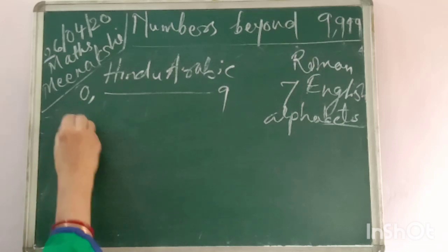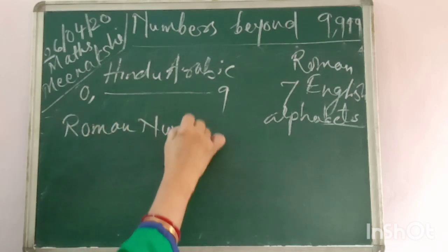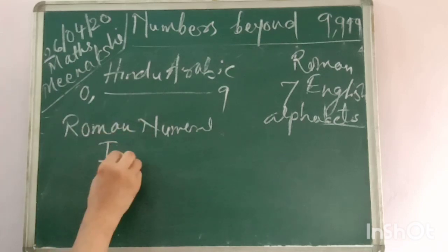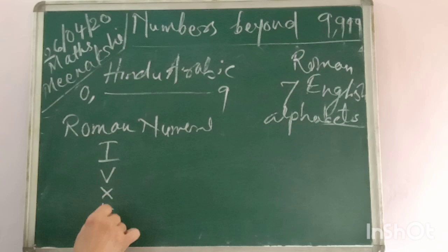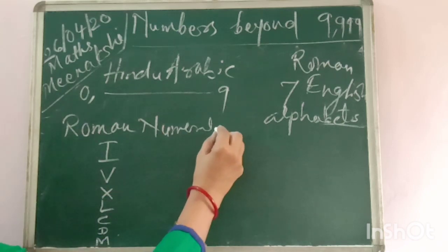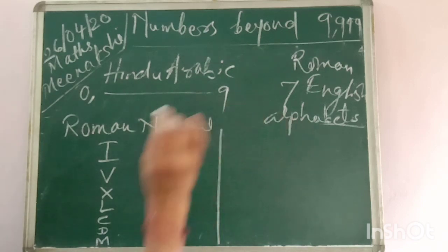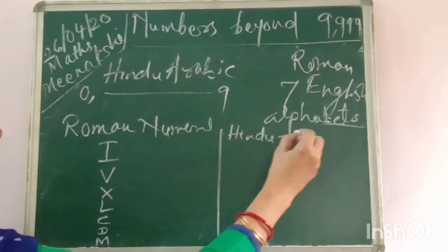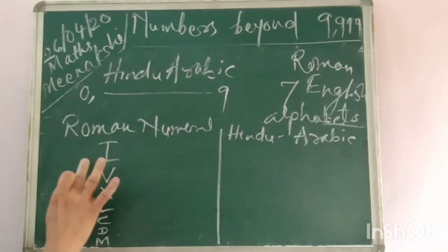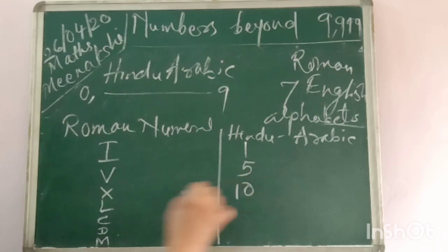They are I, V, X, L, C, D, M. Children, we use these 7 English alphabets to form Roman numerals, and their corresponding values in the Hindu-Arabic numerals are: for I it is 1, for V it is 5, for X it is 10.